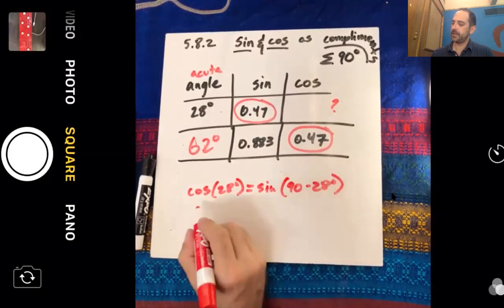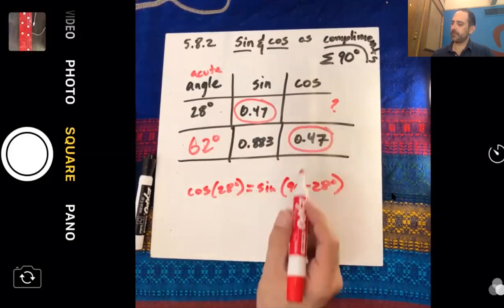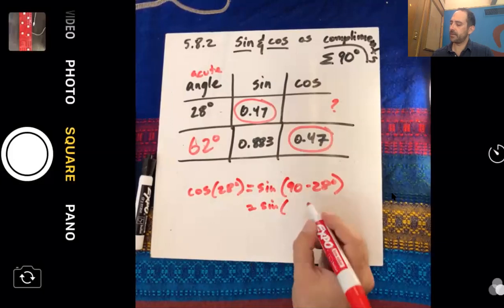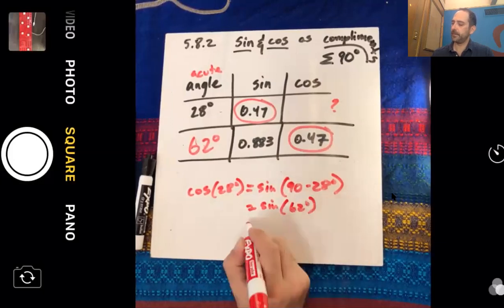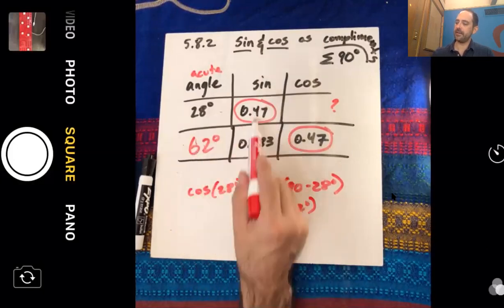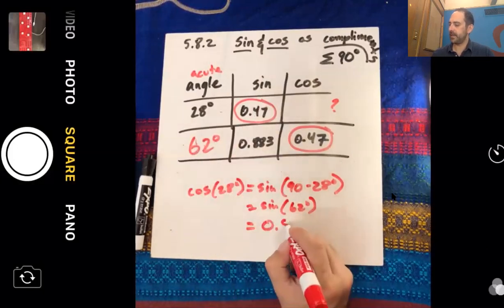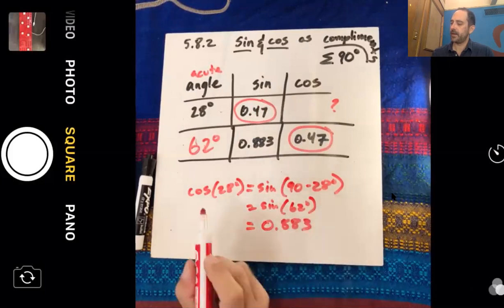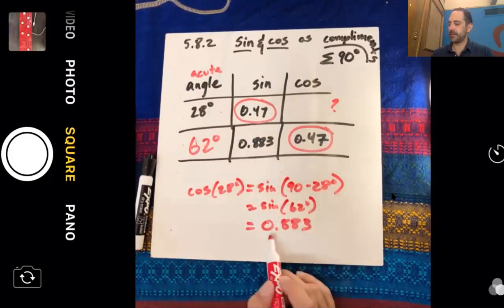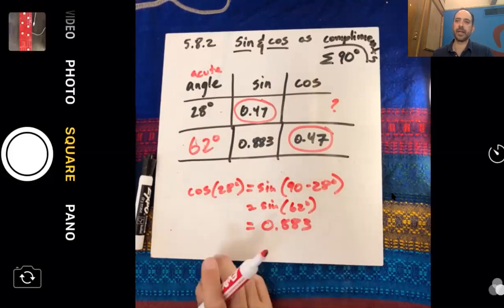I don't have the cosine of 28 degrees, that's what I'm looking for. Let's see what this is. The sine of 90 minus 28 is 62 degrees. So the sine of 62 degrees is 0.883. I know that the cosine of 28 degrees is going to be 0.883 because of our complementary identity.